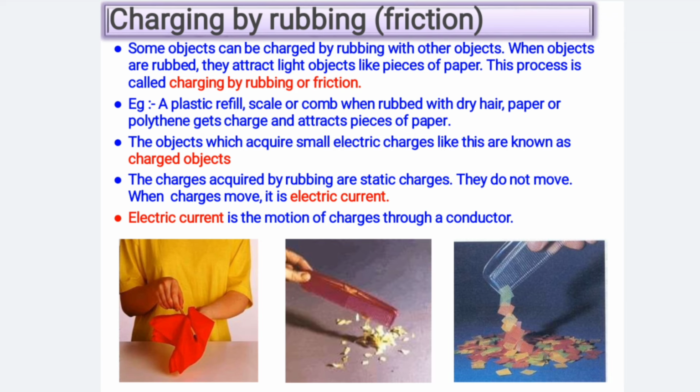So these are known as static charges, that is, charges at rest. They do not move. When charges move, it is known as electric current. So this is the difference. Static charges do not move, and when charges start moving, it constitutes an electric current. Electric current is the motion of charges through a conductor or any metal.